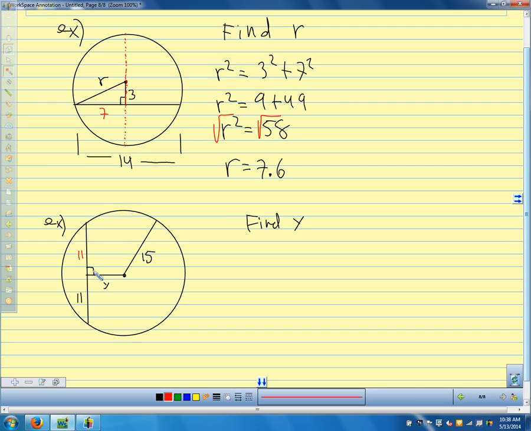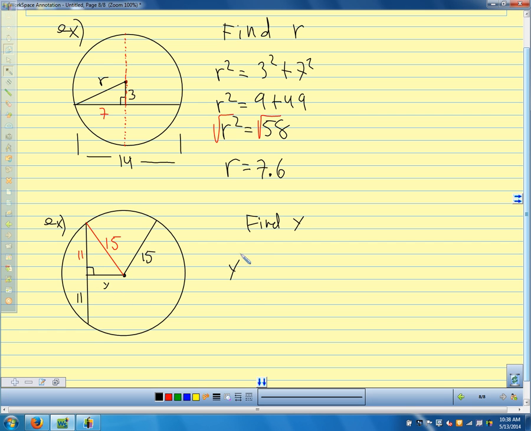Connect with a radius. So I'm going to draw another radius. Here's another radius from the center to the end of the chord. We know that all the radii are congruent, so that radius is 15. So we drew in another radius in a helpful place, and now we can use the Pythagorean theorem.